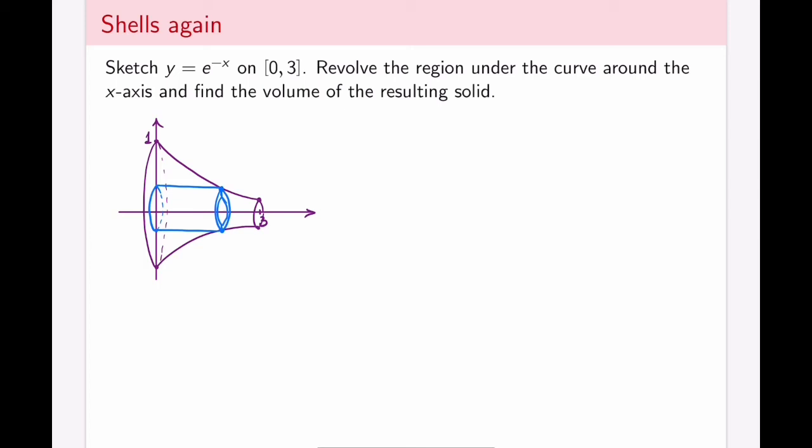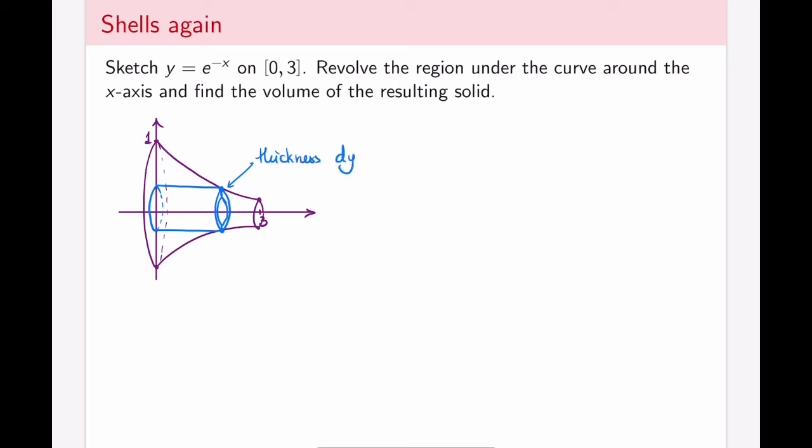And here we go. The first thing to note is that your thickness is what determines what variable you're going to be working with. My thickness here is parallel to the y-axis, which means that my thickness is going to be denoted dy.